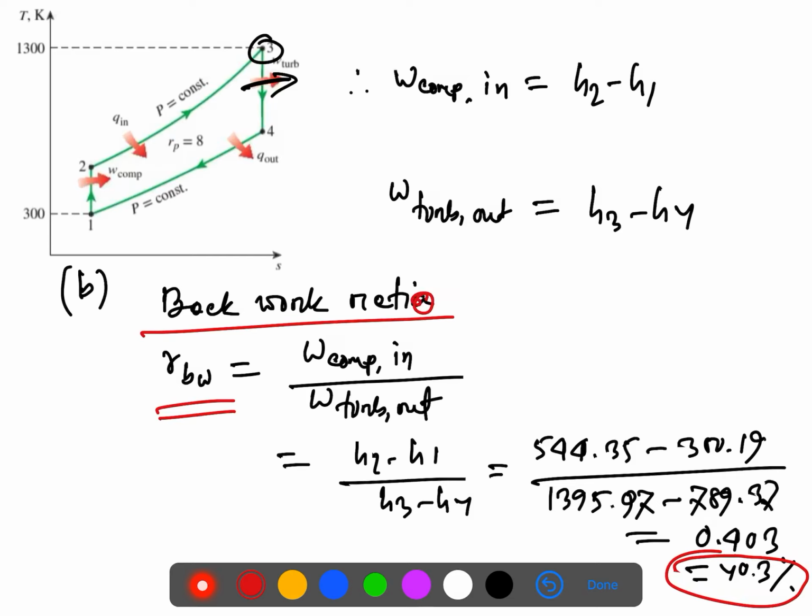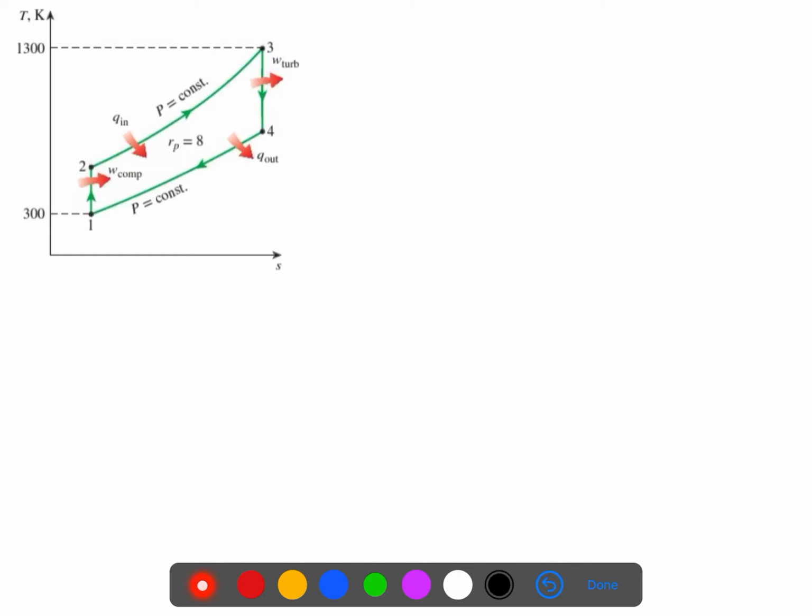Okay, so the last part of this question asks for the thermal efficiency. When we calculate the thermal efficiency, the formula is the net work over the heat in. You can remember the thermal efficiency formula.